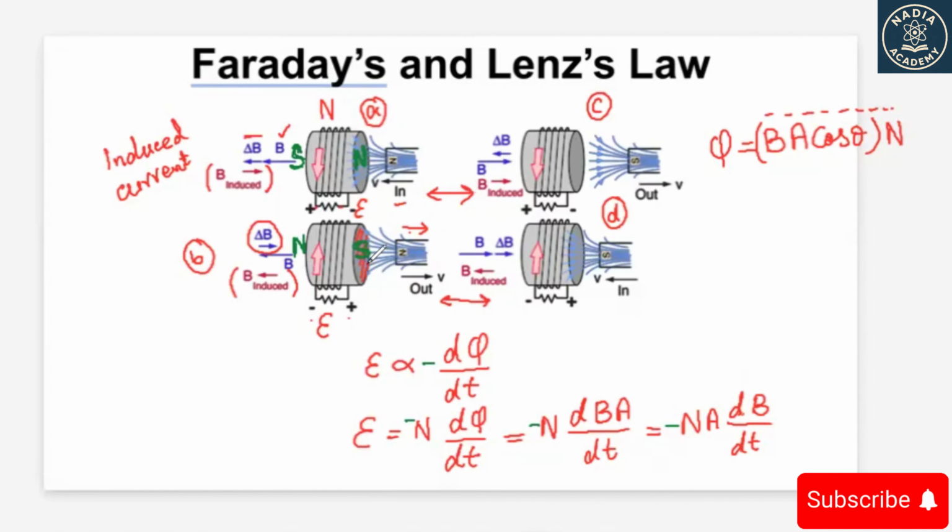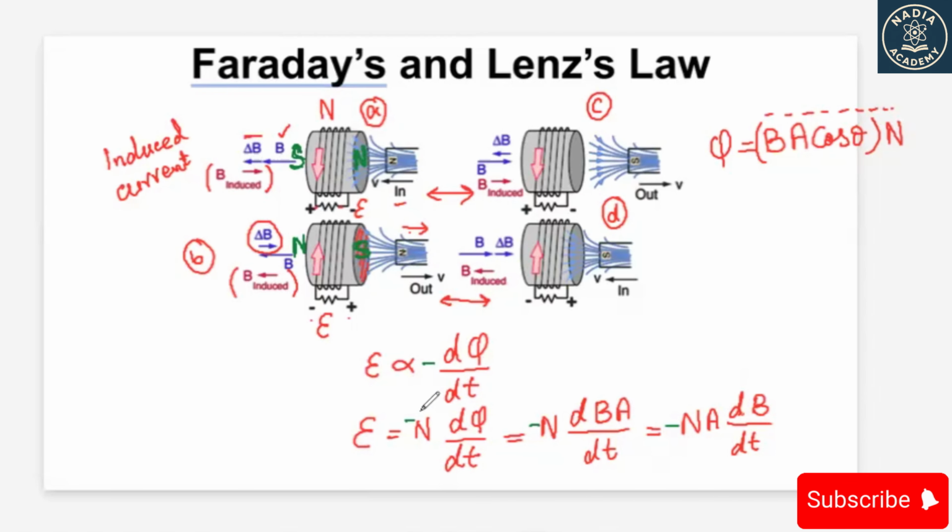So it means that the induced magnetic flux density and the rate of change of linkage flux density are opposite to each other. And this is the reason that you have this flip in the polarity of your induced EMF. And this is what Lenz's law explains.